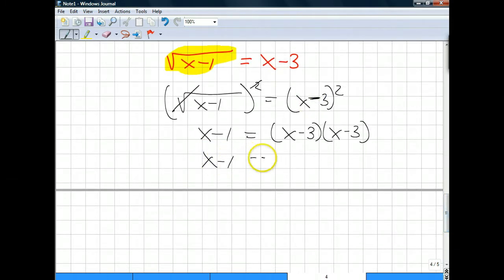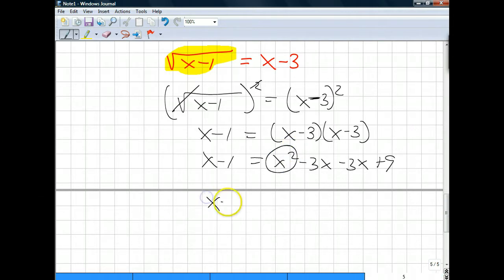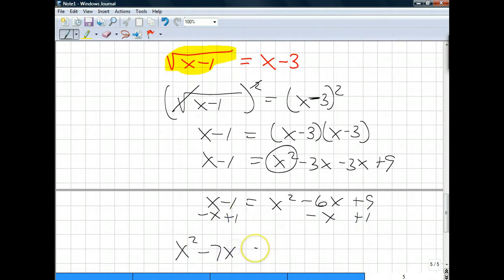So I have x minus 1 equals x squared minus 6x plus 9. Because of this x squared, I'm going to have to set it equal to 0. So let's simplify first. Now subtract x from both sides and add 1 to both sides. So I get x squared minus 7x plus 10 equals 0.